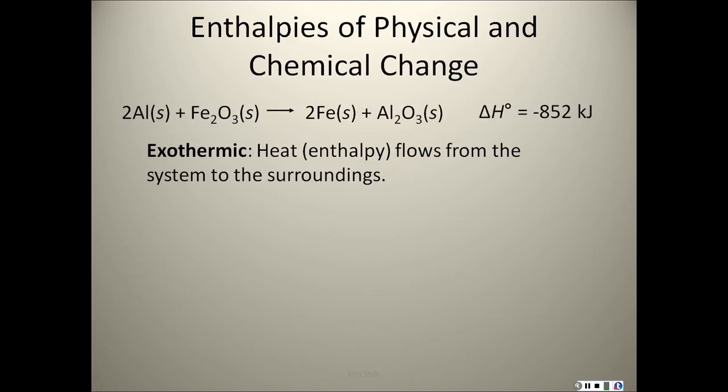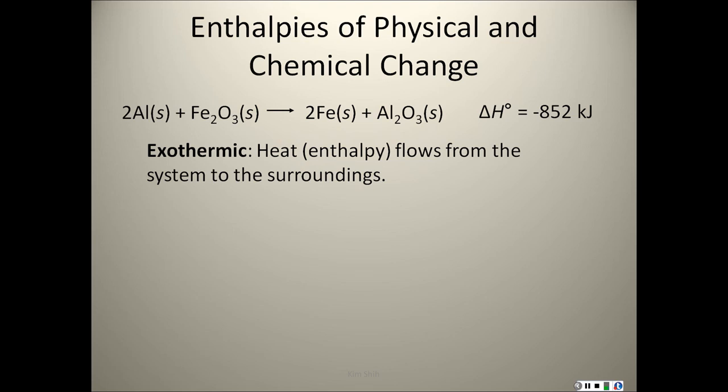So if we look at this particular example here, this is a very, very common example. What you'll see is that delta H is negative here. It's negative 852. A negative delta H tells you that the reaction is exothermic. And what I want you to think of when you think of something being exo or endothermic is think of the word heat as an actual product or reactant.